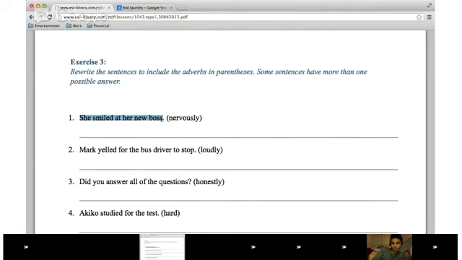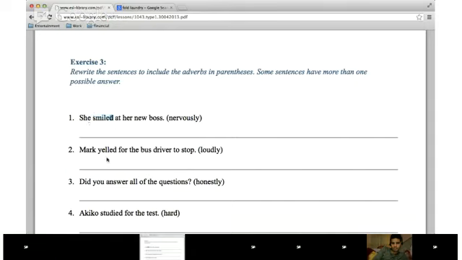The sentence sounds fabulous like that. We don't need an adverb in there, but we're going to add one anyway. We say she smiled nervously at her new boss. I could also say she nervously smiled at her new boss. So I can put it in front of or behind the verb.